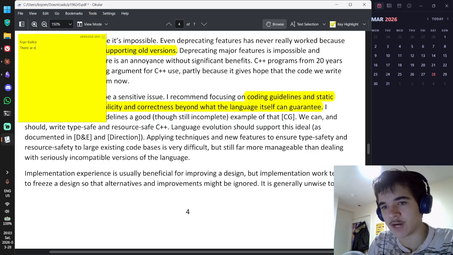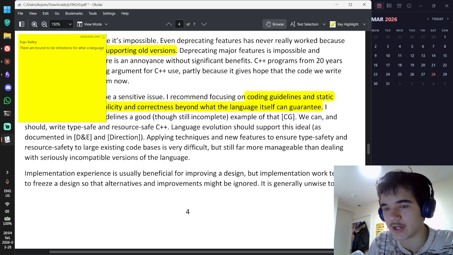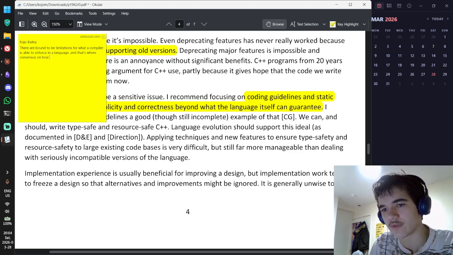So there are bound to be limitations for what a compiler is able to enforce in a language. And that's where consensus on how to use a language properly comes in handy, or is essential, to good programs being written.